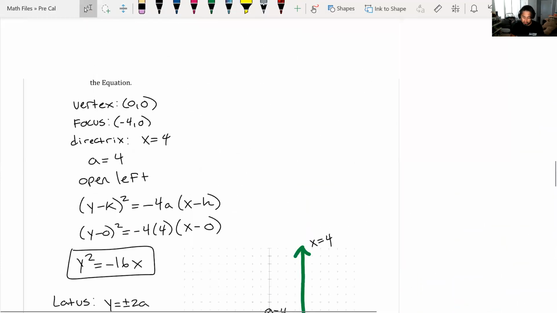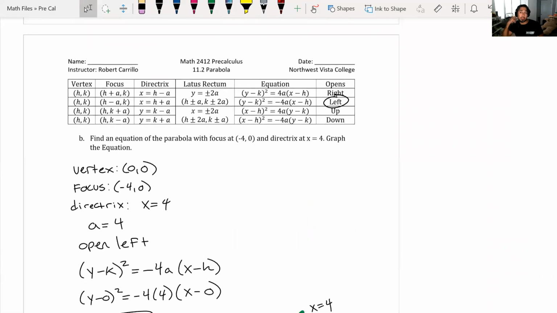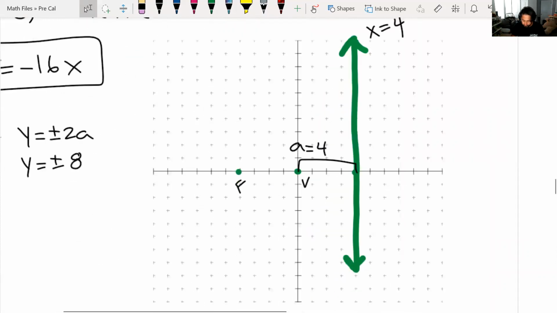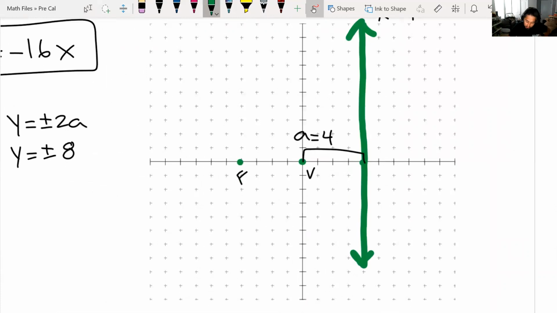So from the focus, go up 8 units, go down 8 units. 1, 2, 3, 4, 5, 6, 7, 8, and then 1, 2, 3, 4, 5, 6, 7, 8.